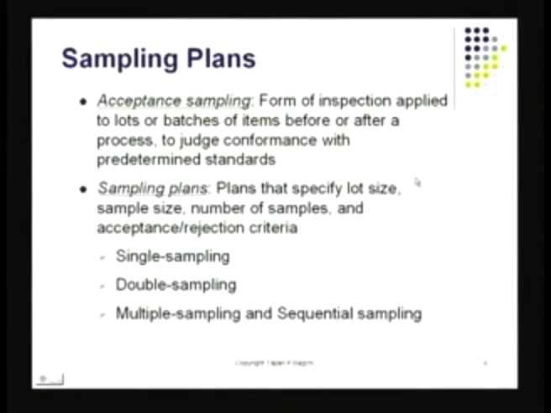There are various types of acceptance sampling plans available, and broadly speaking, there are three types of plans that are utilized. One is called the single sampling plan. The second one is double sampling. Then you've got multiple sampling or sequential sampling. And I should just tell you that all of this is based on inspection of the limited amount of products that you pick up. So from the lot, I just picked up a small sample.